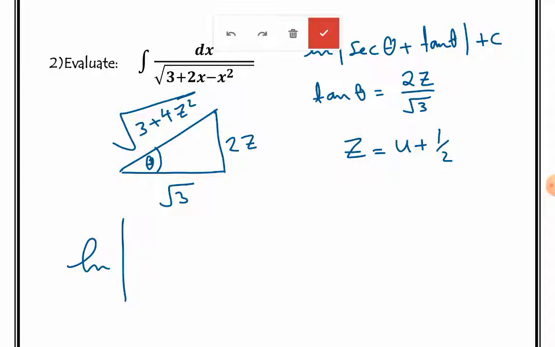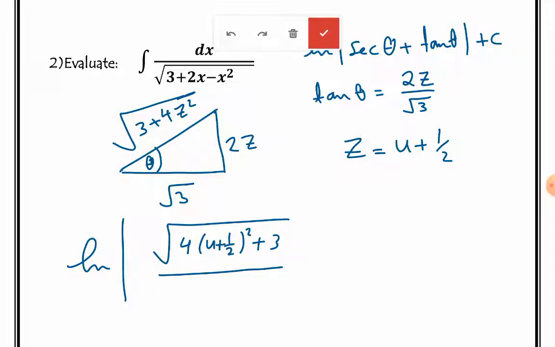So what is secant theta? Secant is 1 over cosine, and cosine is adjacent over hypotenuse. So that is the root of 4 times z squared, where z is u plus half, all to the power of 2 plus 3, over the adjacent, which is radical 3.